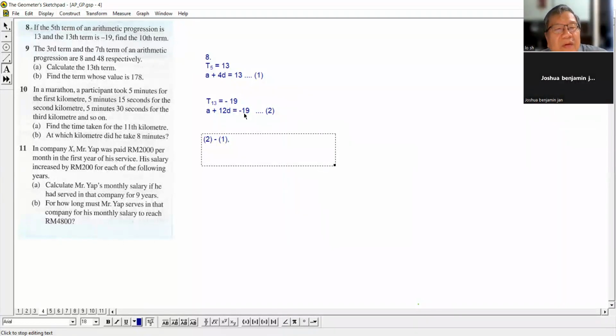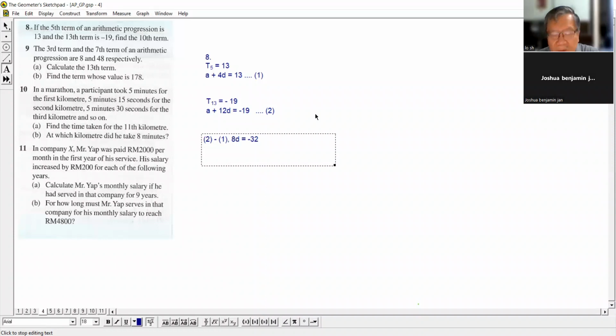Then next one, you have 12D minus 4D. What is it? 8D, correct. Then negative 19 minus 13. What is this? Negative 32. Very good, negative 32.